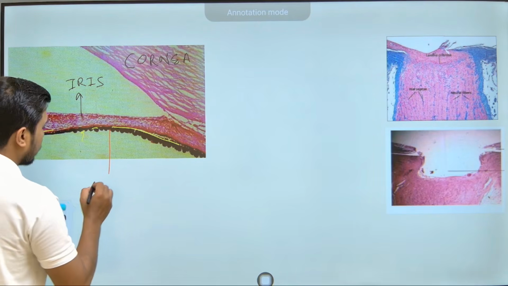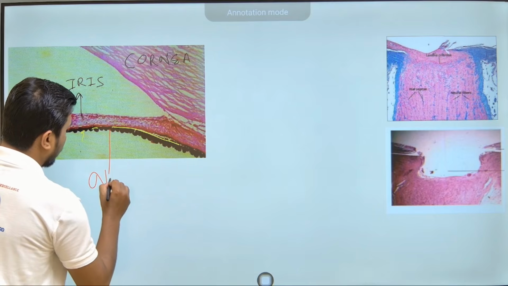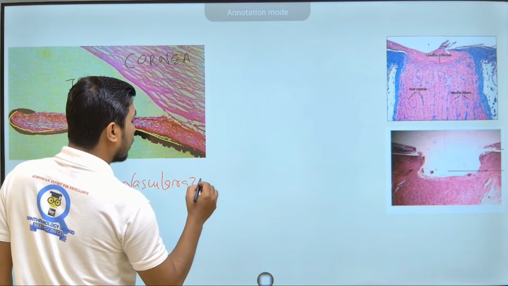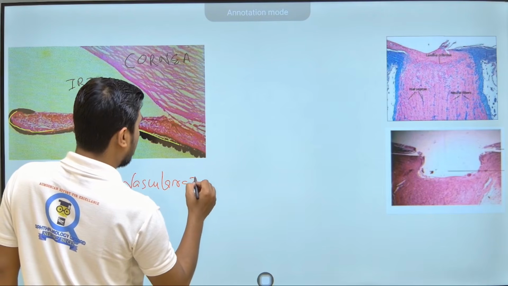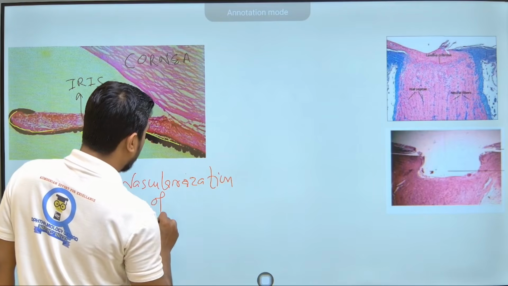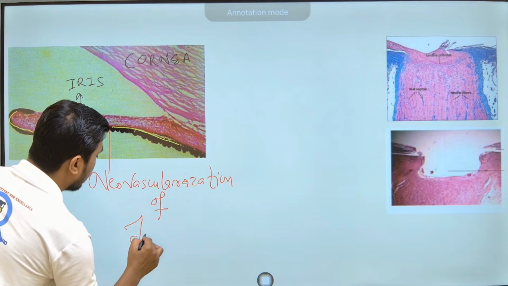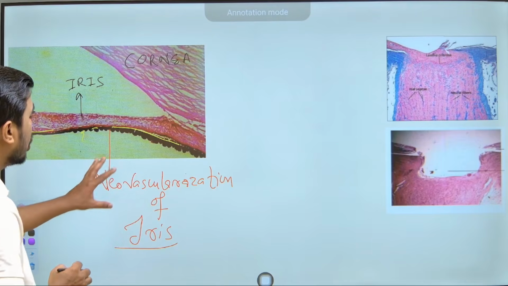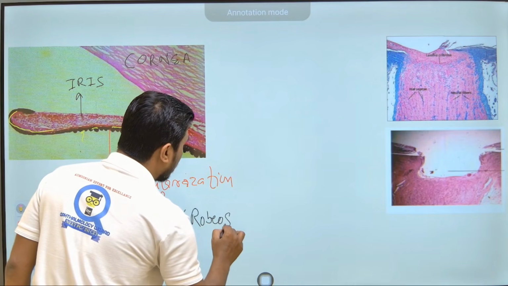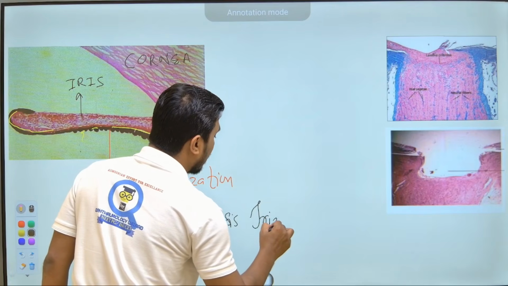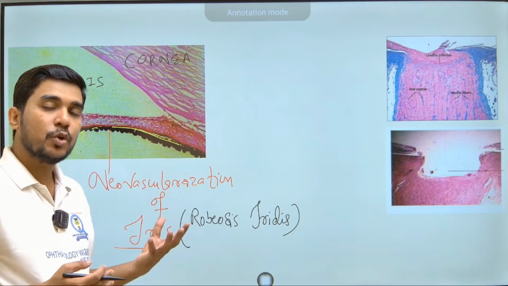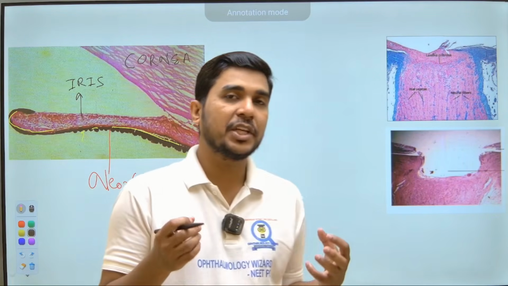This is neovascularization. Neovascularization of iris, also known as rubeosis iridis. And if it is rubeosis iridis, what are the conditions when you see it?